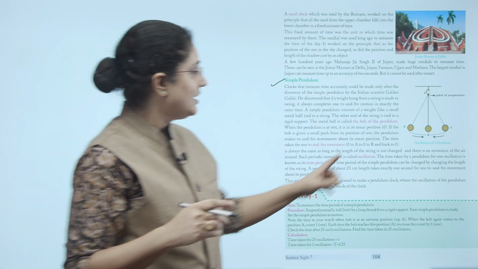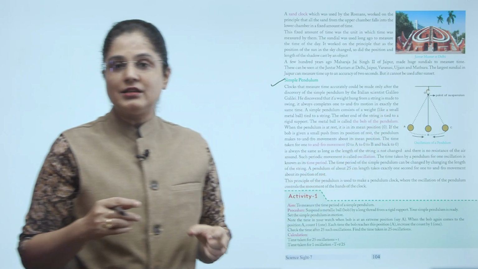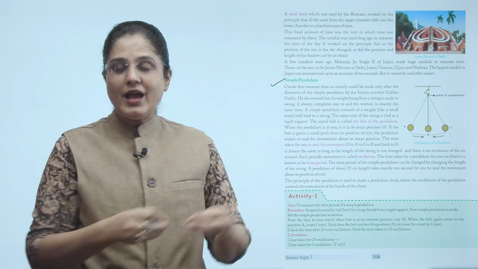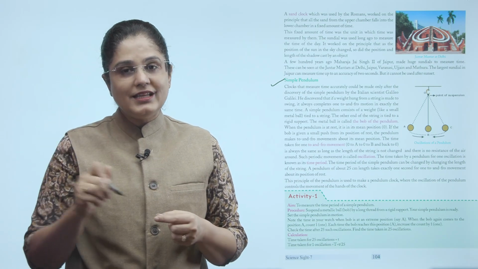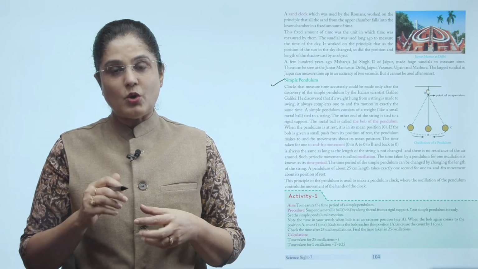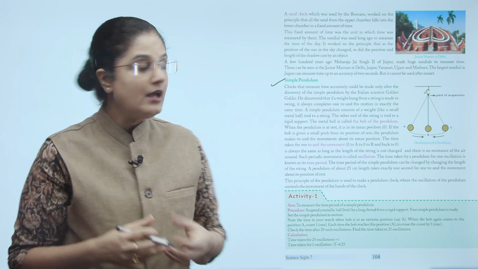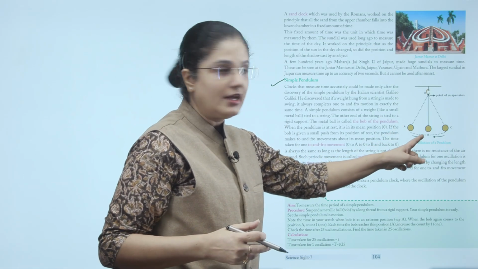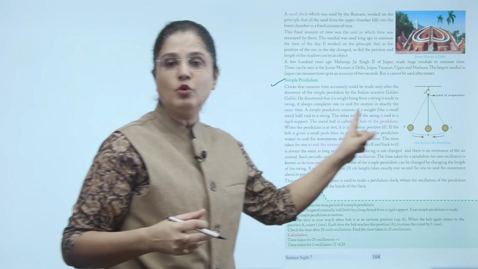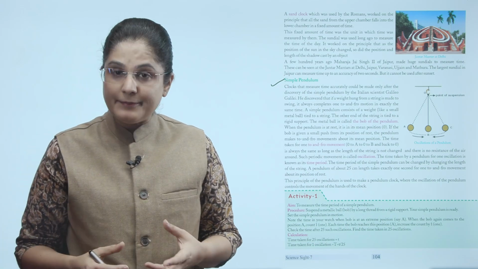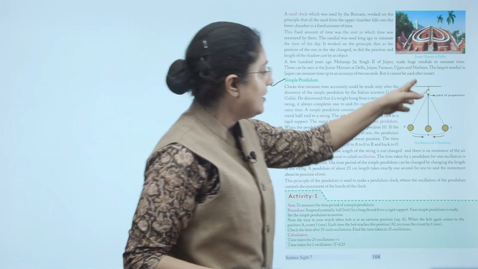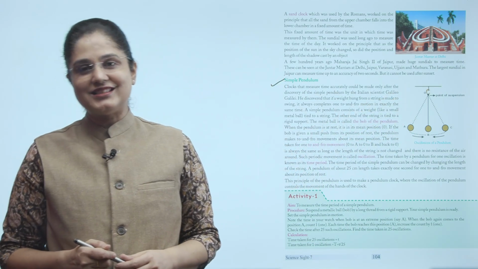Now when this string is pushed a little, it moves to and fro. The amount of time taken by this string to make one to and fro movement will remain the same as long as the length of the string remains the same.